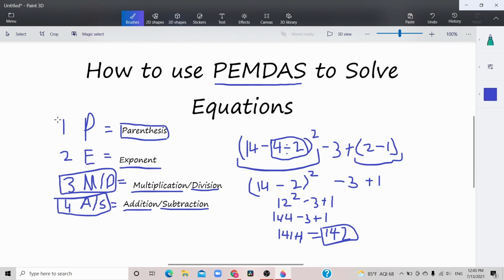And we always do PEMDAS equations. All equations you can solve with this type of method. In my opinion, this is the best way to do it, if not the only way. I don't know of any other ways to do it, but in my opinion, this is the best way to solve it.